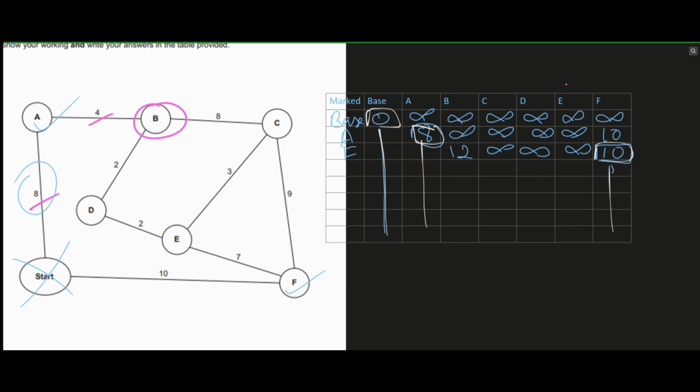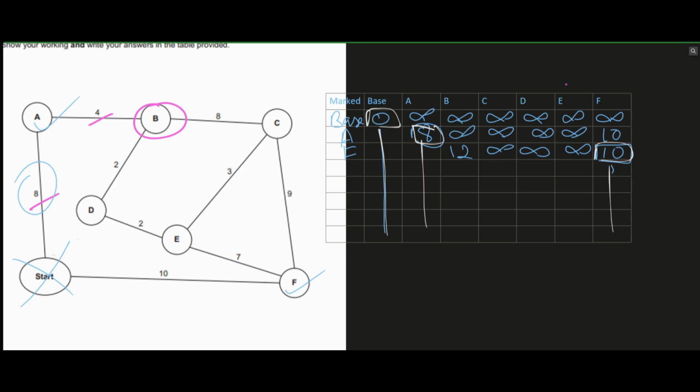Let me go forward after B. B to D is going to be 12 plus 2, which is 14. Can I go like that? Think about it. We actually need to go backwards because we have done this.